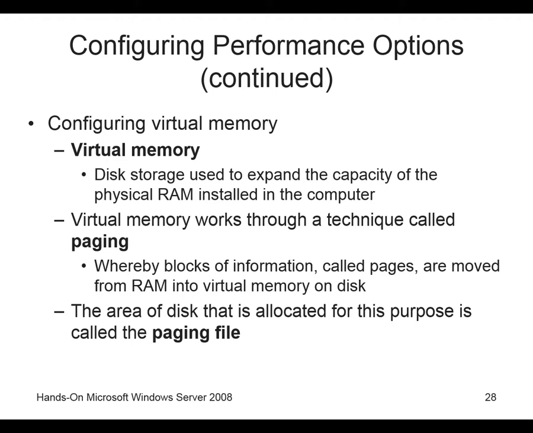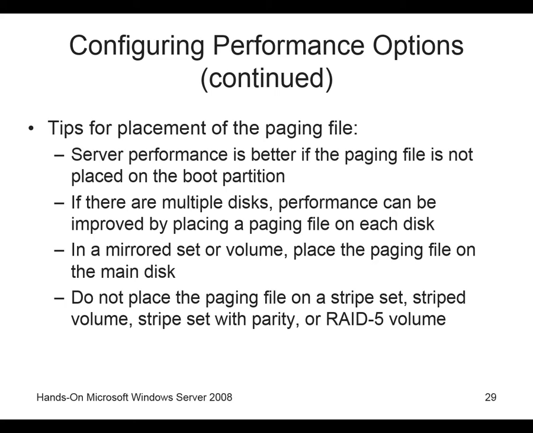But remember, the more that you say that you're writing page files, the less performance you're going to have on your hard drive, because it's got to be writing with that too. So you try to stay away from page files as much as possible, but you still need to have some. You don't want to put page files on a boot partition. You want to keep them on a separate partition.